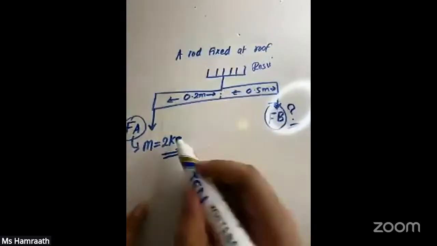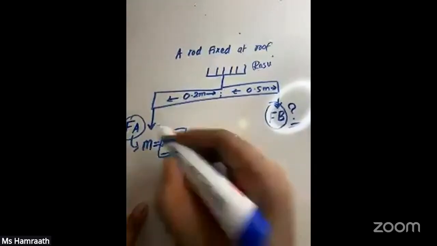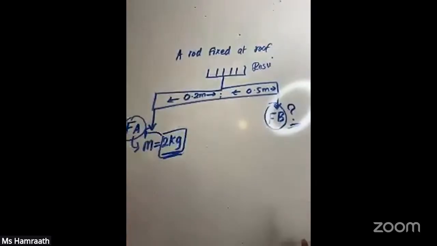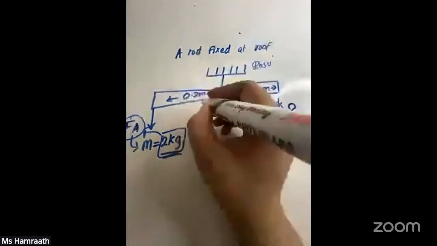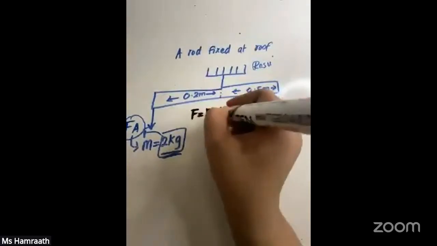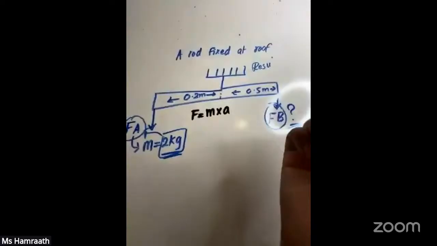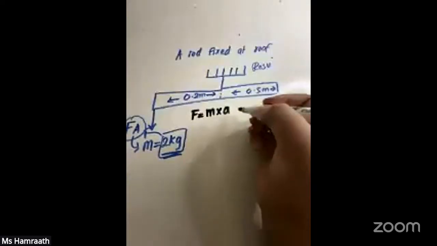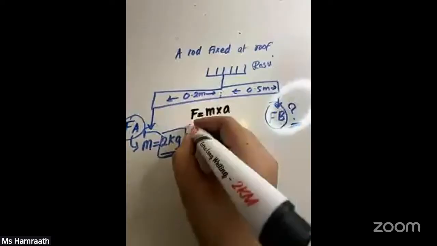Since they have given the mass, can't we find the force at A? What are the two equations we studied to find the force? We can remember unit 4: force is equal to mass into acceleration.